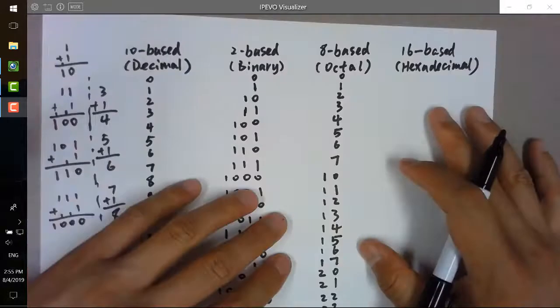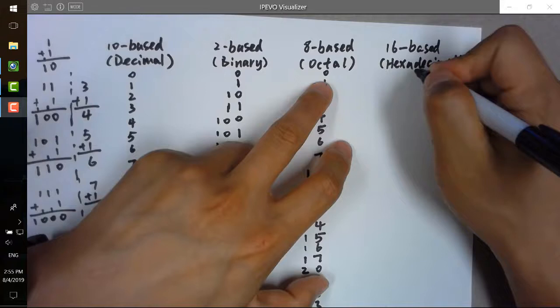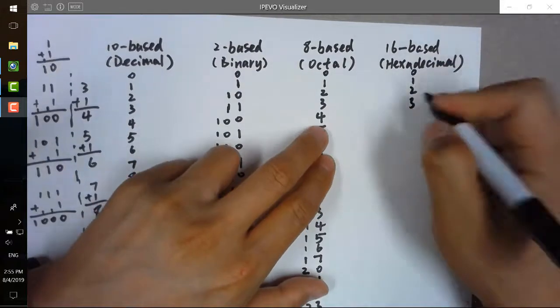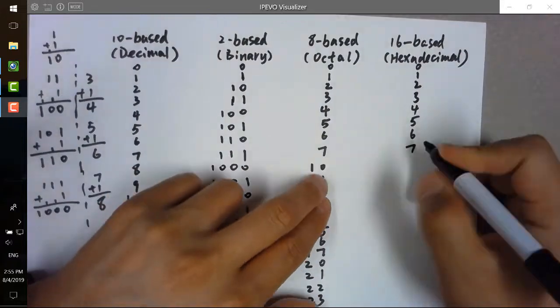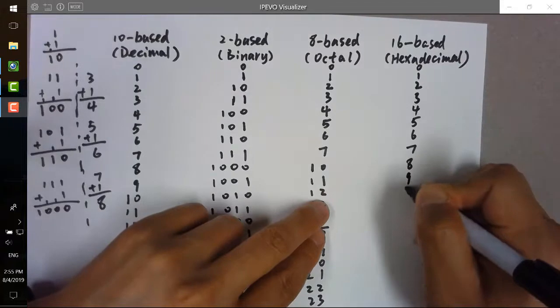Now let's take a look at the hex number. Definitely you have 0, 1, 2, 3, 4, 5, 6, 7, 8, 9, 10.